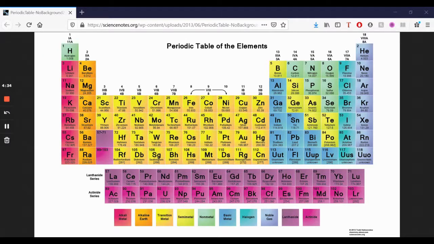Why, for example, is hydrogen with one proton located right over here, and helium with two protons all the way over here? It turns out that the elements are arranged in this strange shape because their position on the table tells us some things about how they behave.